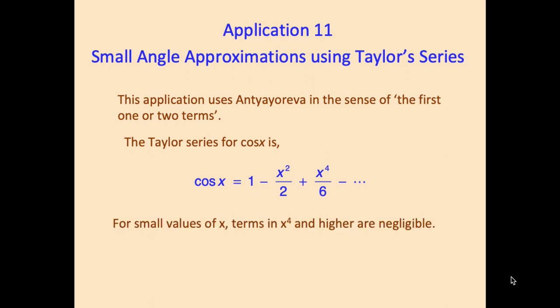And for small values of x, terms in x to the power of 4 and higher are negligible. And so the approximation is 1 minus x squared over 2. And these small angle approximations for cos theta, sine theta, and tan theta are very commonly used in engineering, physics, astronomy, and so on.